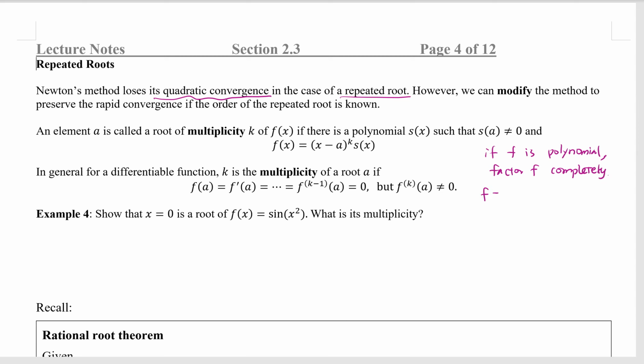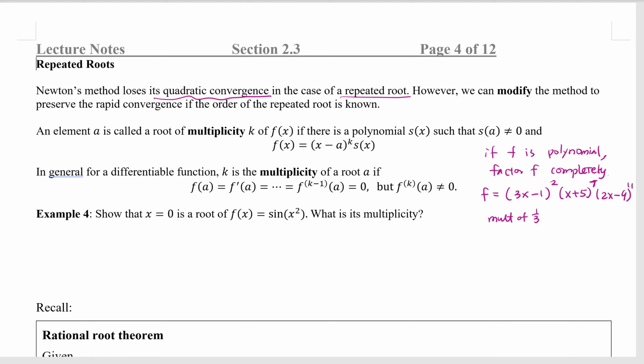Let's say f equals (3x minus 1) squared, (x plus 5) to the 7, and then (2x minus 9) to the 11. Well, multiplicity of the roots. What's this root? 1/3.